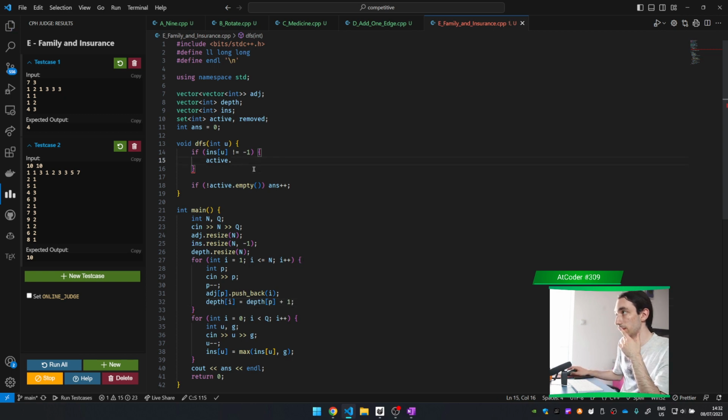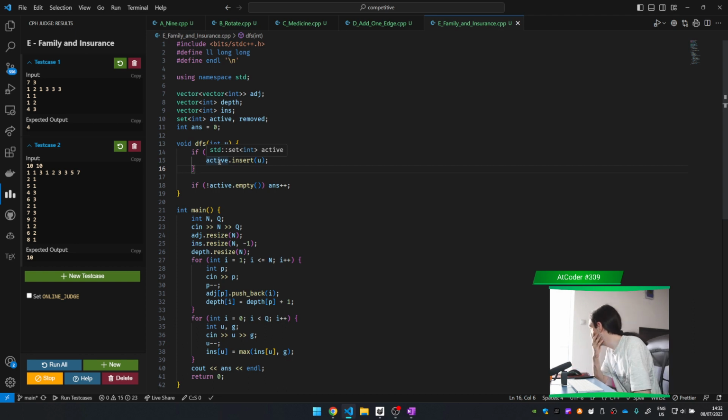I can do this. Okay, so if it's not empty, I need to push into the insurance U, because now it's like U has activated. But they can't be set because I don't want to check all the time.